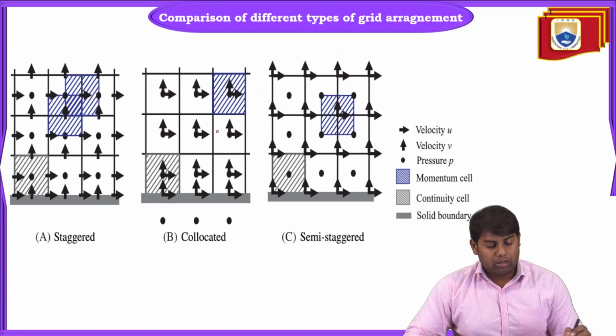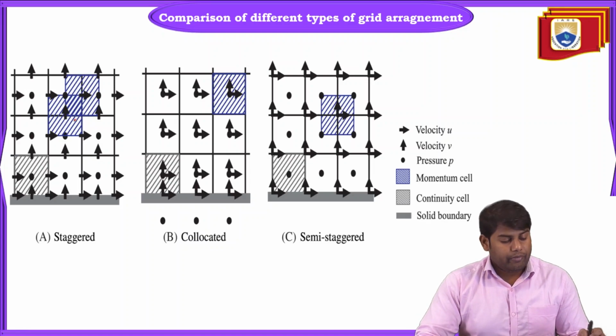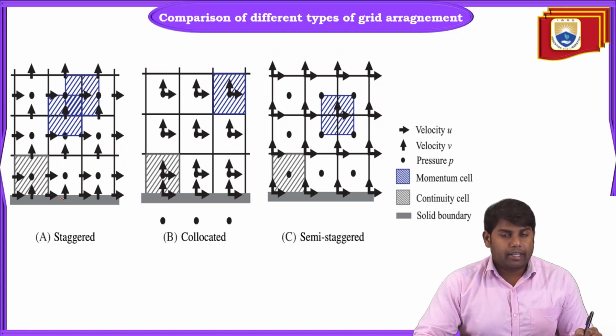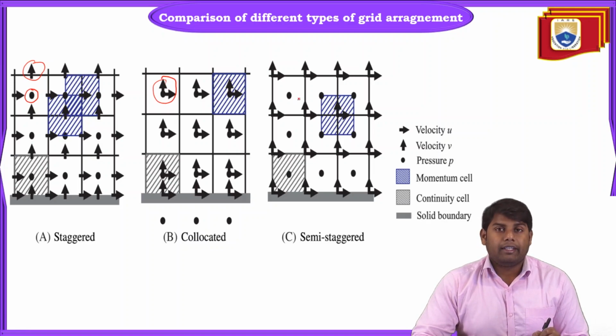If we compare all three, you can see the comparison. For the staggered arrangement, the scalar variables are stored at the center of the cell, and vectors are stored at the faces. In the collocated, all the variables are stored at the center of the cell. In the semi-staggered, the scalars are stored at the center of the cell, and the vectors are stored at the grid points.